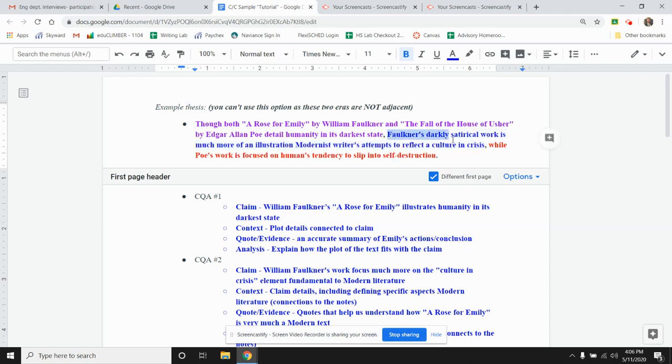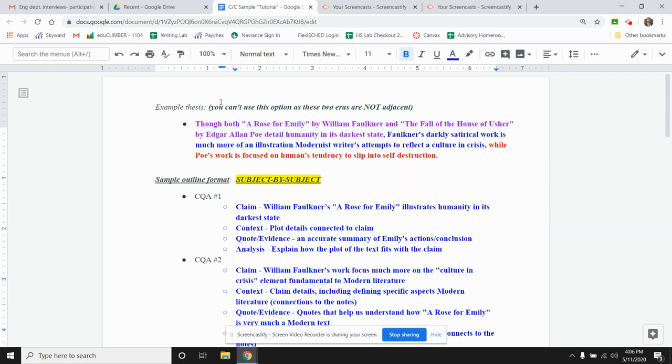So you'll see that this subpoint in blue representing Faulkner's work, and this subpoint in red representing Poe's work really come together. And despite their differences, they still do come together to create a thematic message in unity.